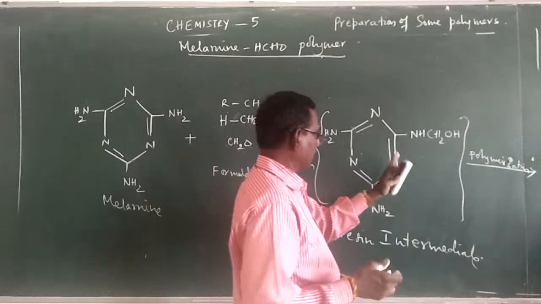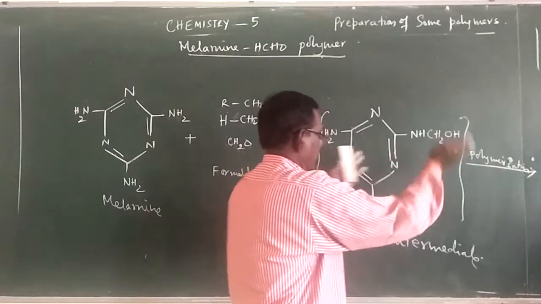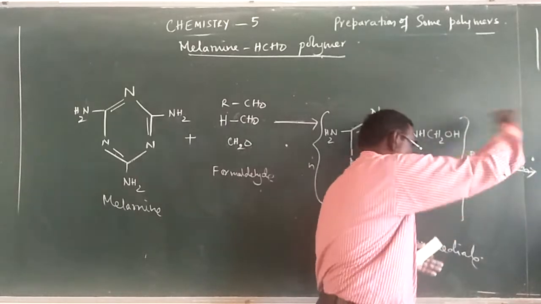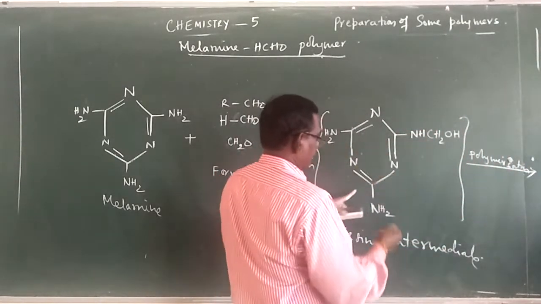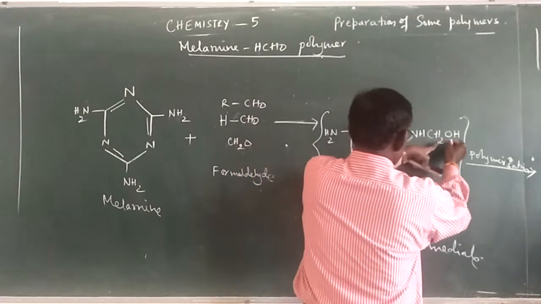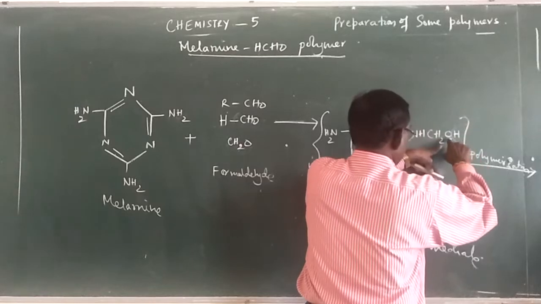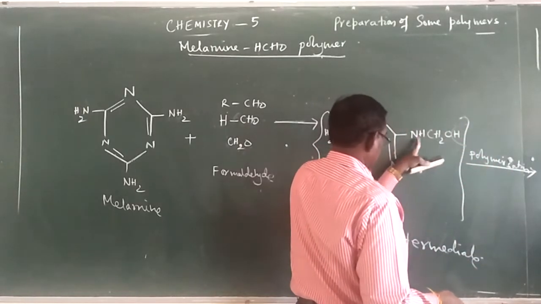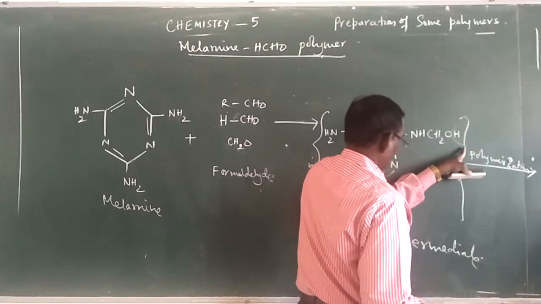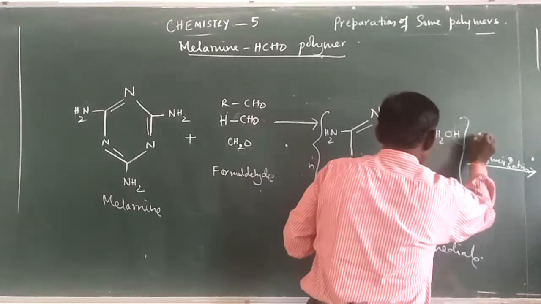If you take a large number of resin intermediate molecules, one by one, the OH is removed as H2O from the NHCH2OH group, and you will be getting only CH2.